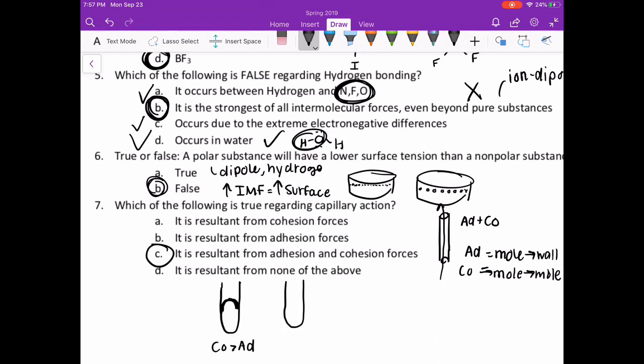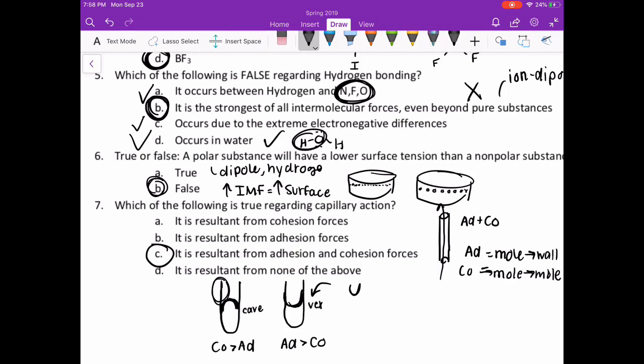That's when I have that rounded top meniscus, because it's not as attracted to the wall. If I have adhesive greater than cohesive, it's going to stick more to the wall, meaning I'm going to get this concave meniscus, right? So that's all I would really know in that regard. It's not too intense.